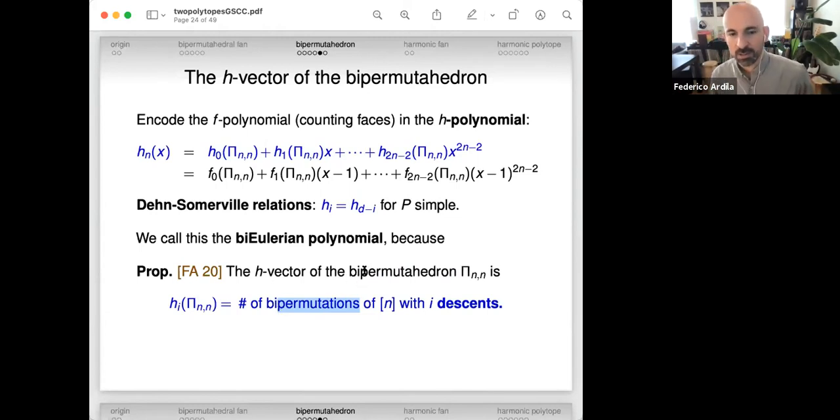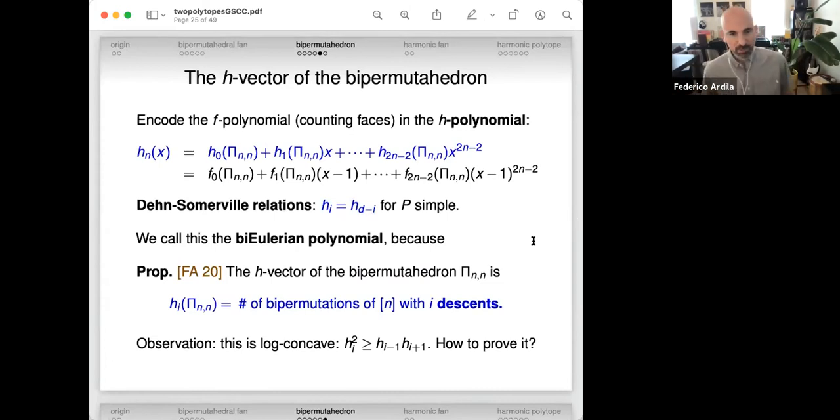And for the classical permutahedron, the h vector is that sequence. And here we have a similar theorem that for the bipermutahedron, the h vector is given by the number of bipermutations with i descents. And in particular, this gives you a combinatorial proof of this statement, because the things with i descents and the things with i ascents have the same size. So that's what this says combinatorially. Okay.